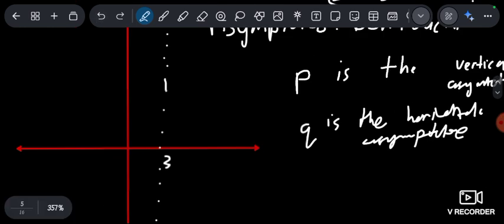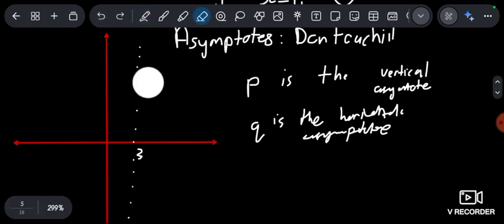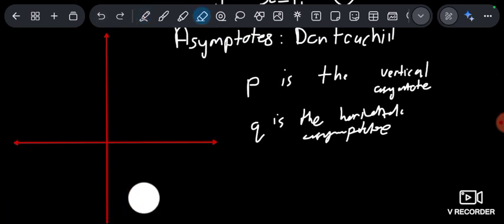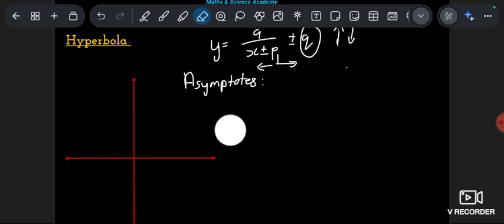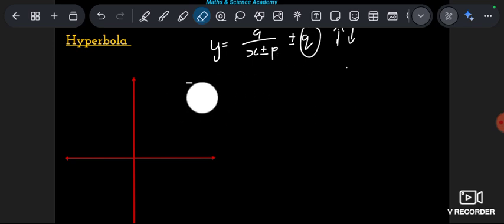It does shift the graph 3 units to the right, but the graph will not touch that line. I know most of this doesn't make sense when you're looking at it like that, so let's try and look at a. Then I will continue to draw something, and I'll show you what I mean about the p and q.